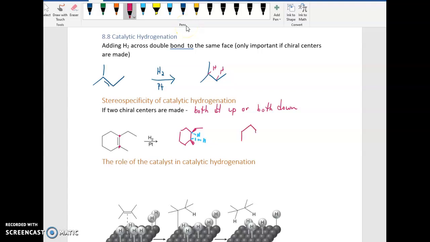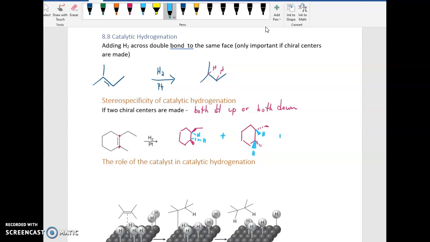Or we could have our groups on dashes, which means that our protons that we added were both on wedges. So these are the two enantiomers that we observe.